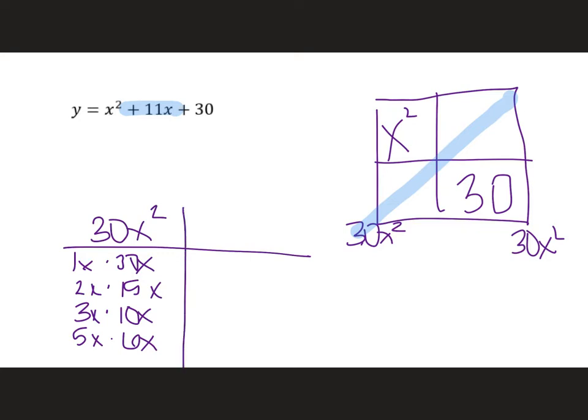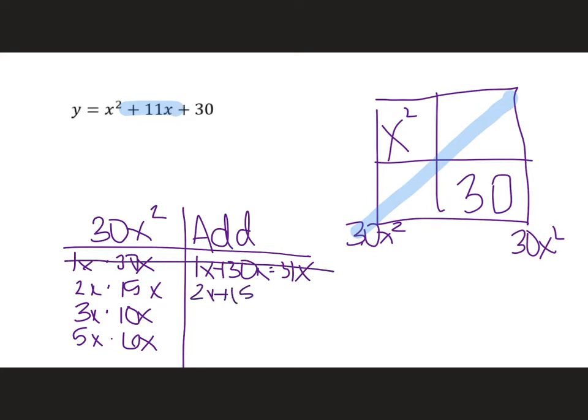So what we want to do here is add the terms together and see, are they going to combine to make that middle term for us? So if we had 1x plus 30x, that would be 31x. So no, that does not make 11x. 2x plus 15x equals 17x. No, does not make 11x. 3x plus 10x equals 13x.